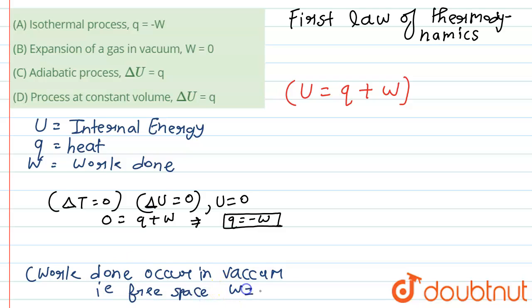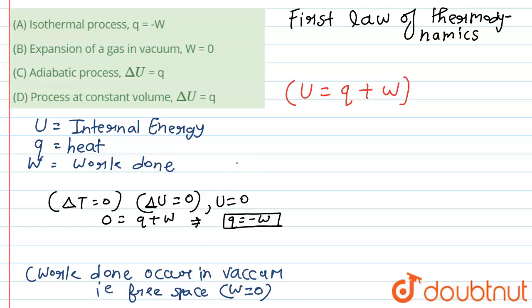That is, work done is always 0. And if we look at the option, this option is also correct, because in the case of vacuum the work done is 0 because it is occurring in the free space. That is, there is no external pressure involved in it. That's why the work done is 0.